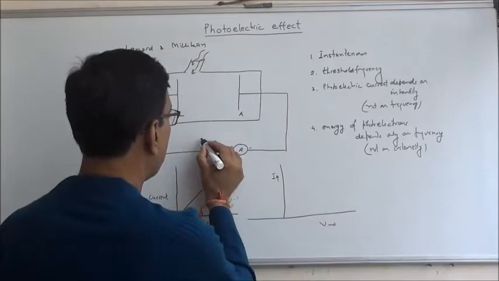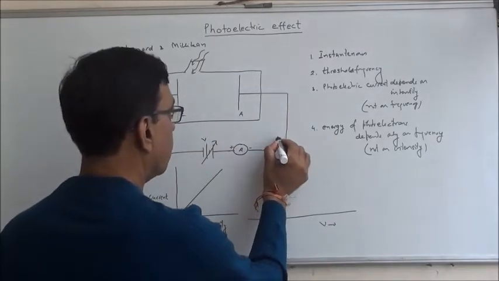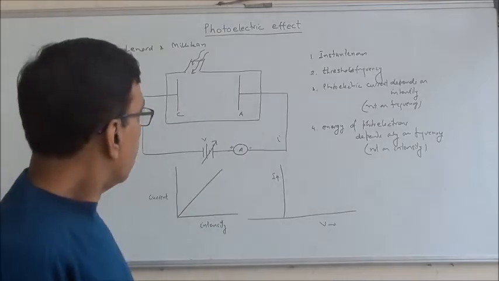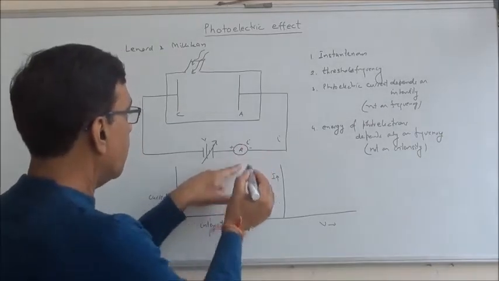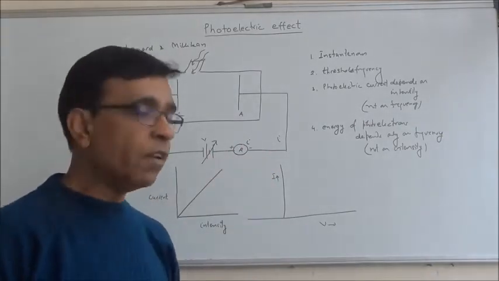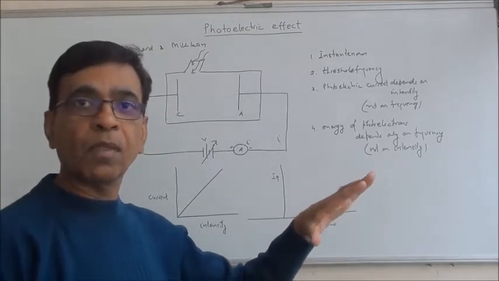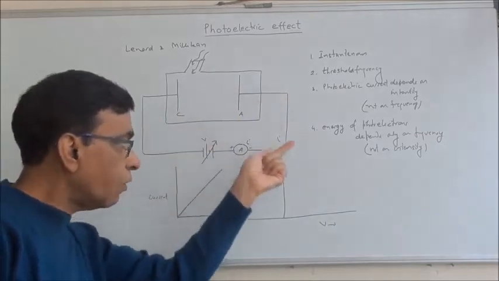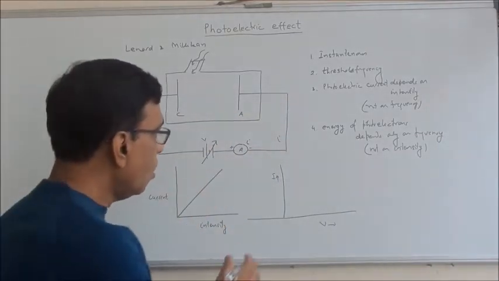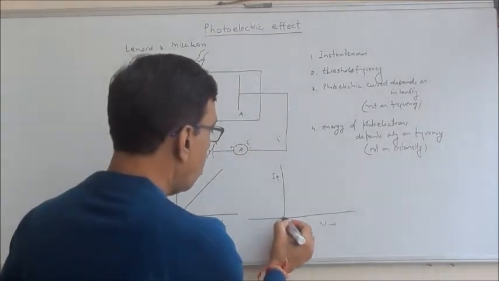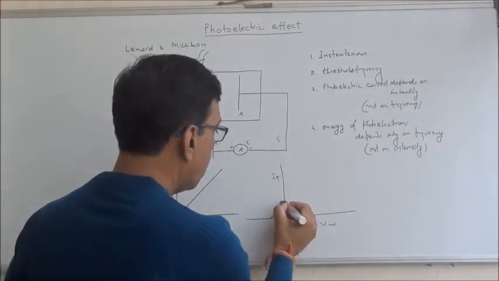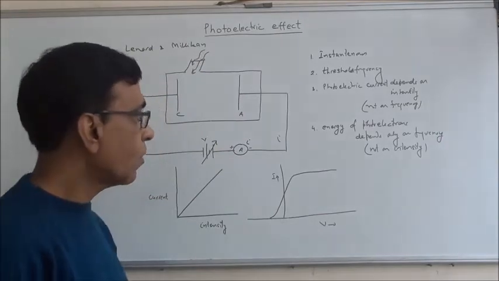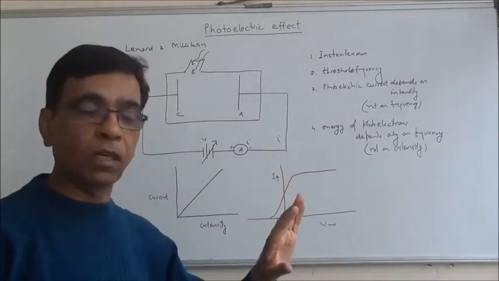This is the potential applied here and the current flowing in the circuit, measured by this, and V is this. Now if we plot a graph between the voltage applied between the two plates and the current flowing in this, we have a graph like this. Now try to understand the shape of the graph.